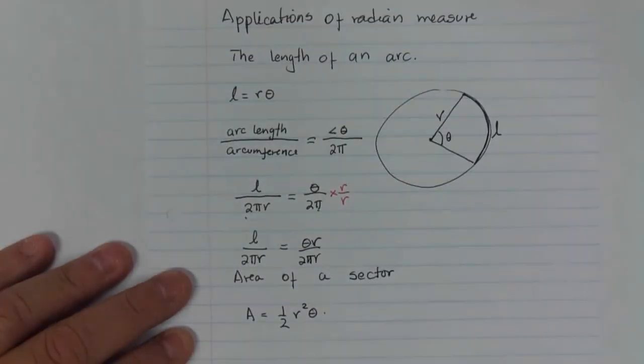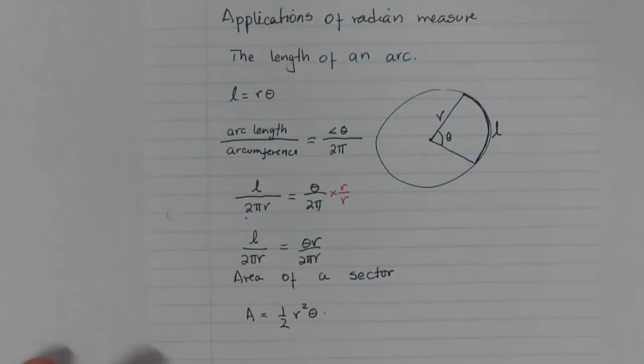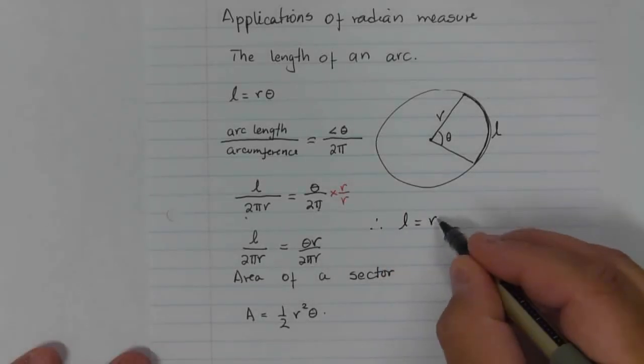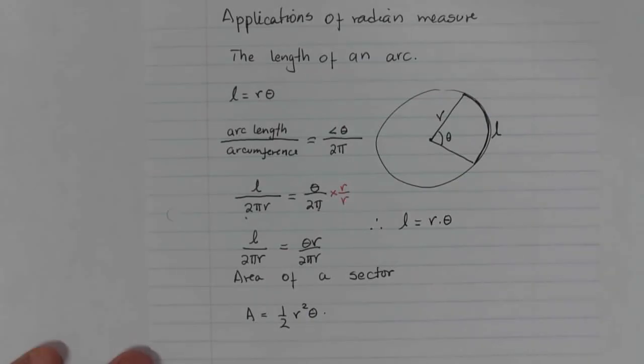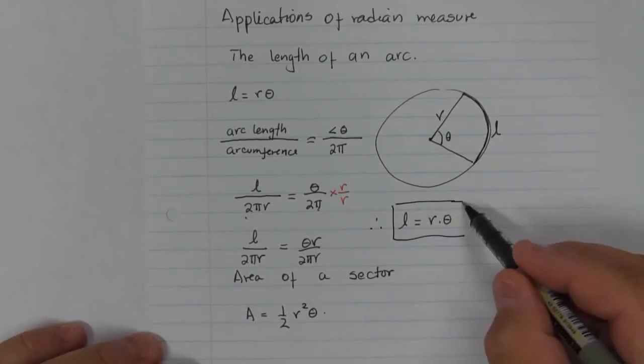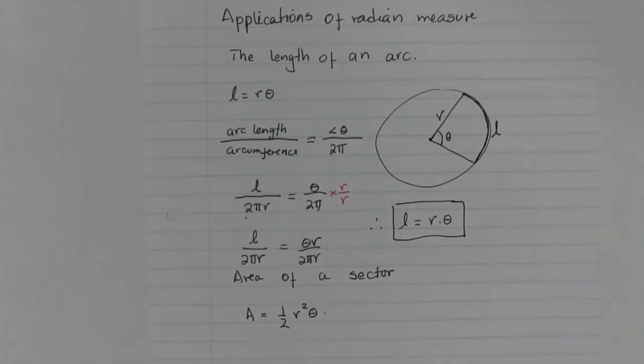I obtain that by multiplying by r on both sides, which is basically expanding my fractions. Because my denominators are the same, I can conclude that L is equal to r times theta, with the angle given in radians. And that's the proof of the length of an arc formula. You don't have to know the proof, you just have to know how to apply the formula in order to solve mathematical problems. It's the applications that we are interested in, not the formula itself.